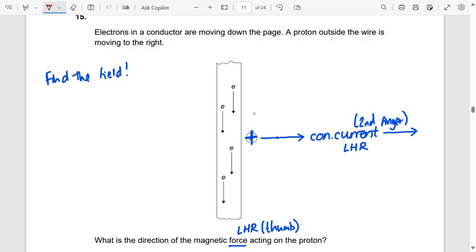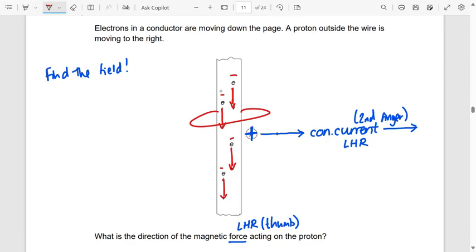If the electron flow is down, we know that charges in a moving conductor create a field around it. Now they might be going around it one way, or they might be going around it the other way. If we know which way they're going, then we're going to find our field that is going to be affecting the protons.